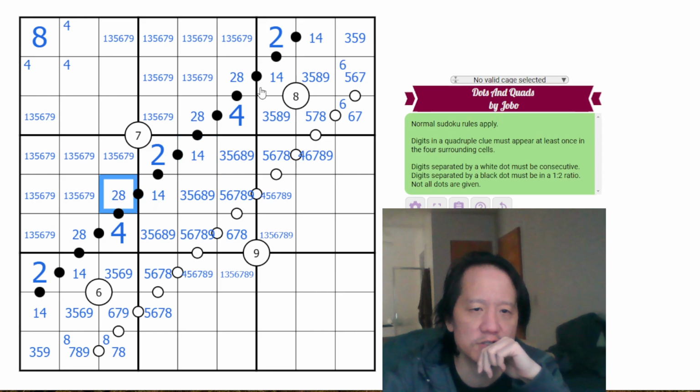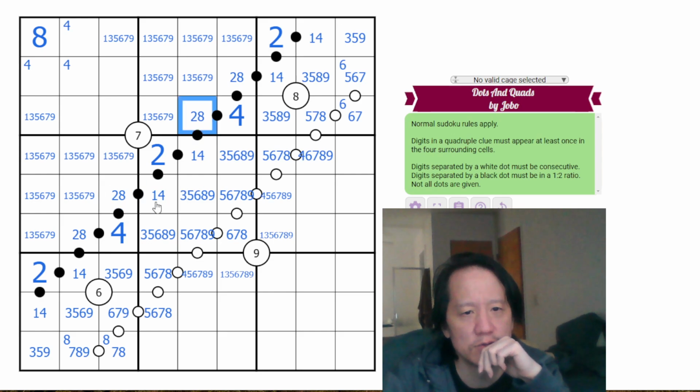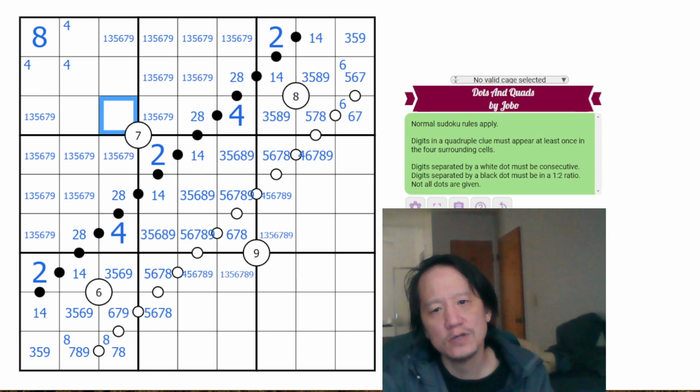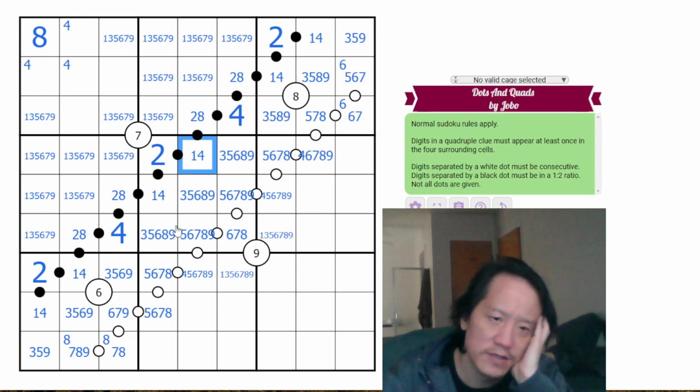So either this is 2 or this is 2. Right? Because 1 can only be next to 2. So because one of those is a 1, either that's 2 or that's 2, which means this can never be 2. So this is 1, 3, 4. Can't be 4. 5, 6, 7, no 8, and 9. I don't know if that's helpful.